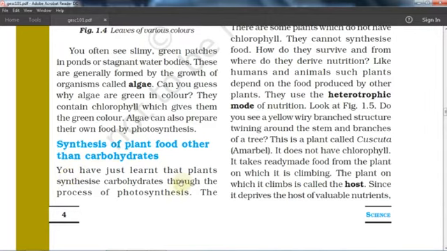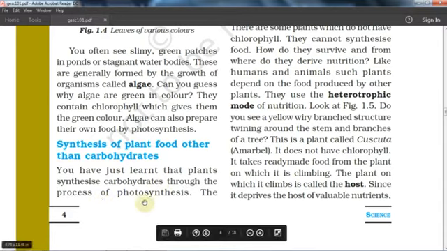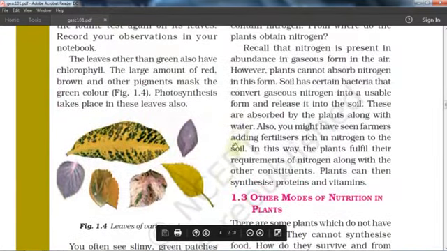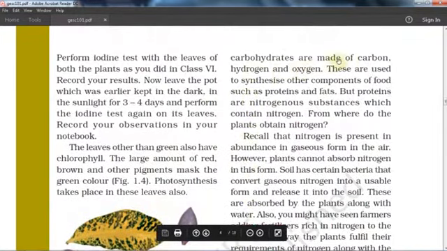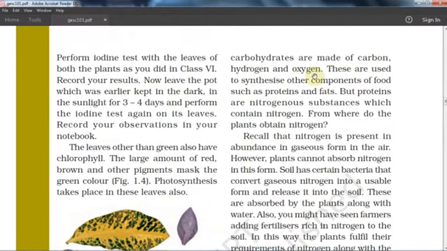So you have just learned that plants synthesize carbohydrates through the process of photosynthesis. The carbohydrates are made of carbon, hydrogen, and oxygen. These are used to synthesize other components of food such as protein and fats. But proteins are nitrogenous substances which contain nitrogen.